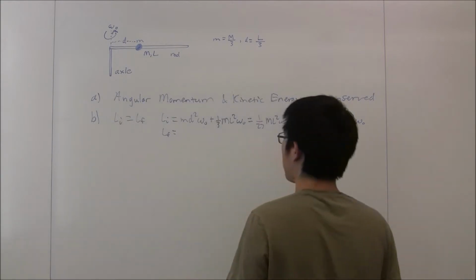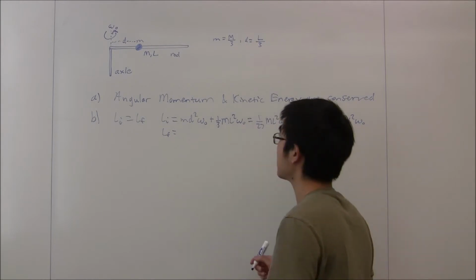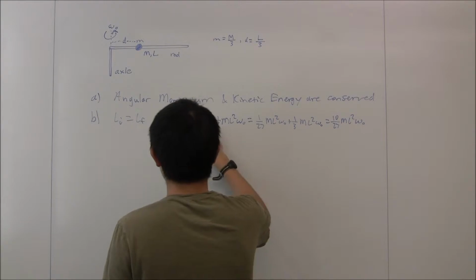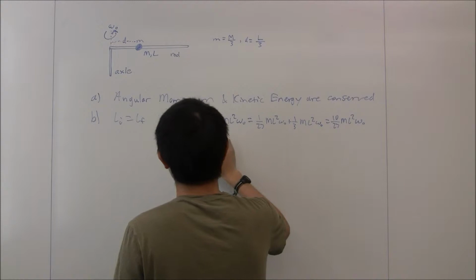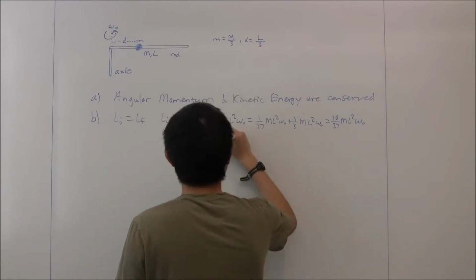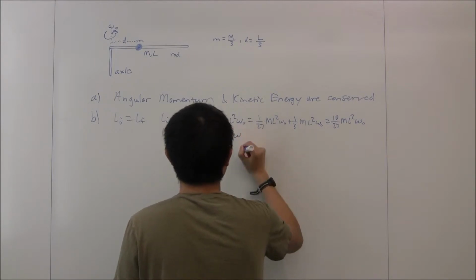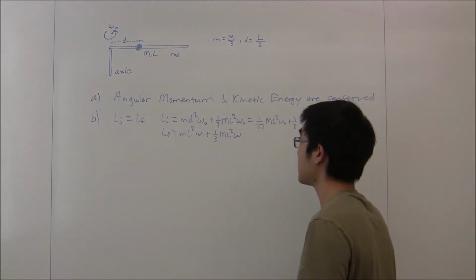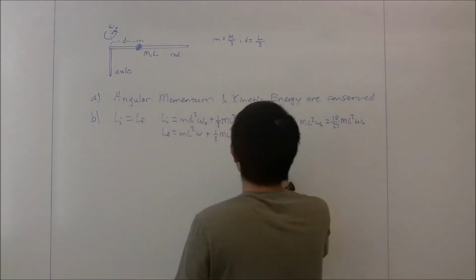Now the system's final angular momentum when the bead is at the end of the rod is going to be the moment of inertia of the bead, which is m times big L squared, times its new angular velocity omega, plus 1/3 big M big L squared times omega. So omega is the final angular velocity of the system when the bead is at the end of the rod.